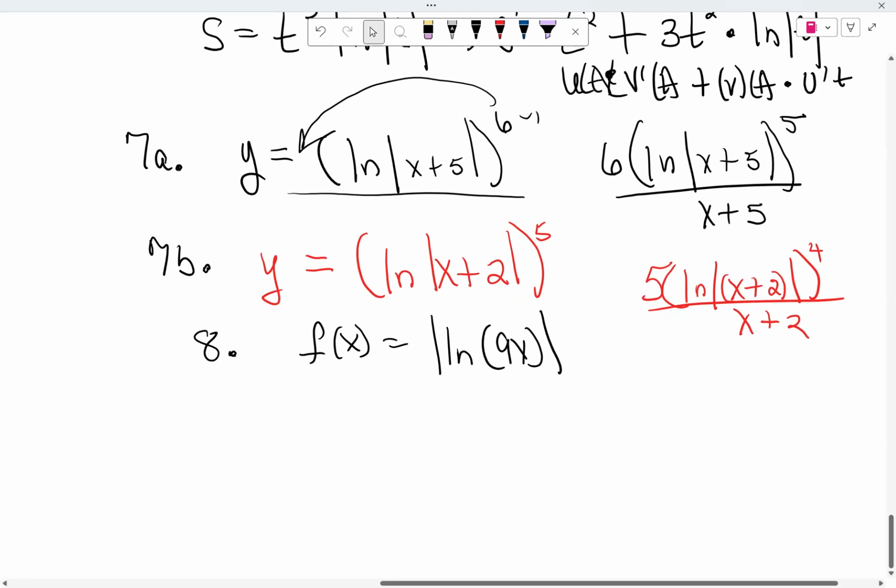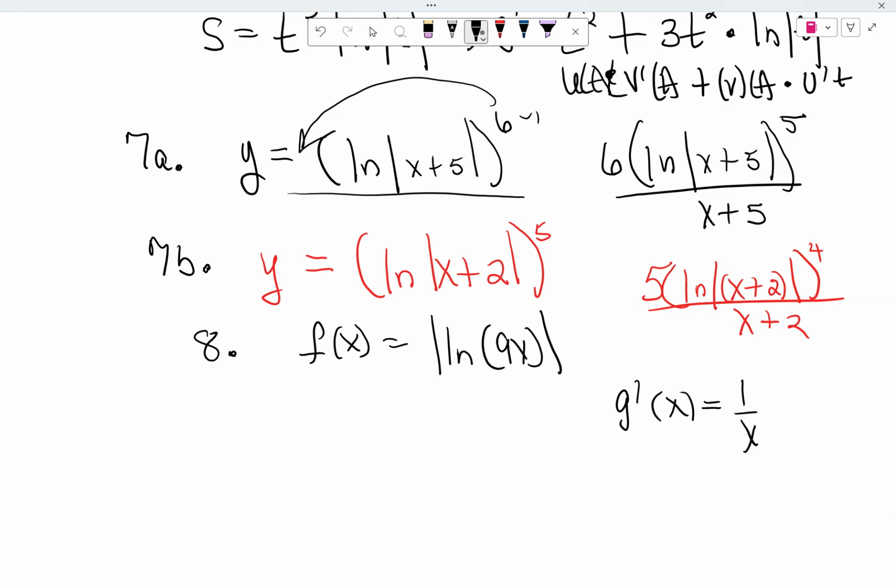So if you go back to what I shared with you originally, remember that the first derivative of the original function is going to result in 1 over x. And so in this case, you end up with 1 over x times the natural log of 9x.